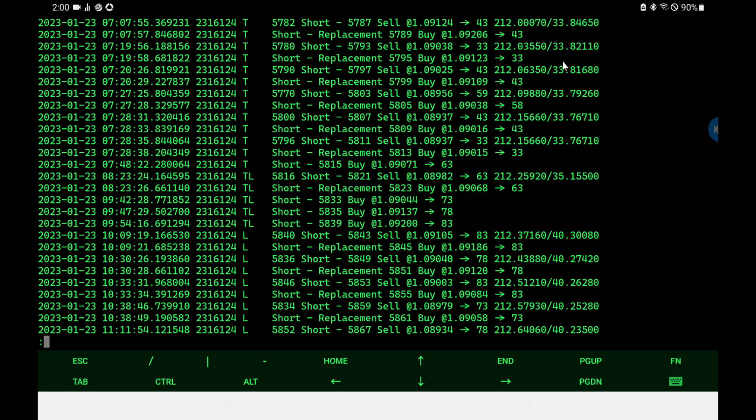You can see the clustering at work, where it sells and buys immediately afterwards to replace the last order. And you can see it's quite aggressive. Then I run into the market, 3 positions that go completely against me. So it purchases.